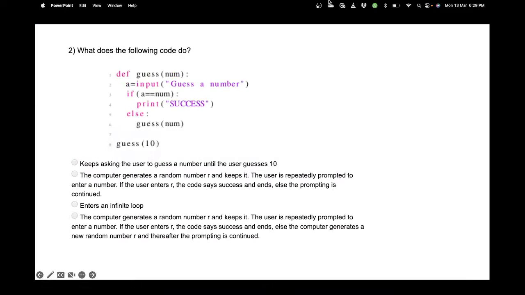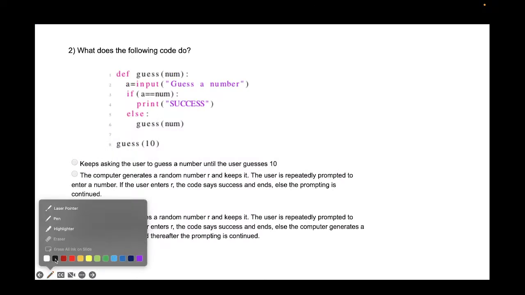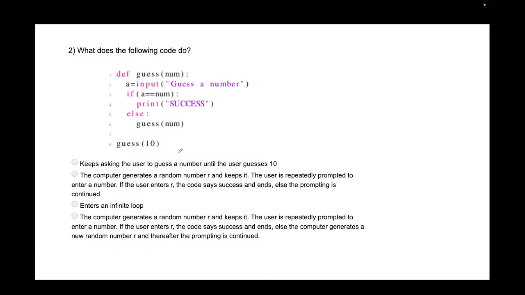Okay, so it would appear that option 1 is the correct answer, but actually it enters an infinite loop. So that's because there is no break statement here. So once this function is called guess 10, the control will go from line 8 to this.